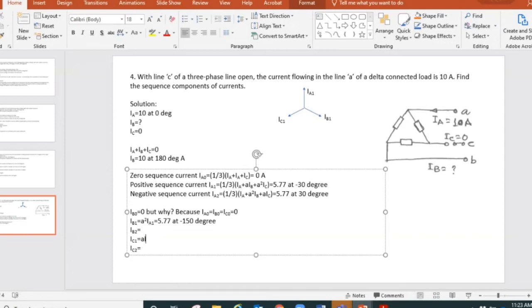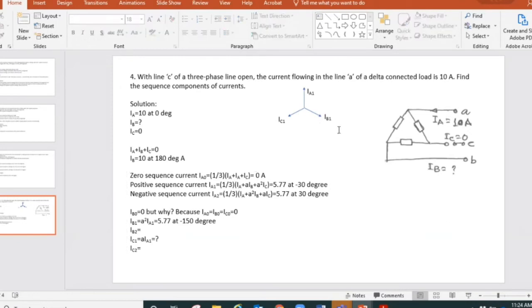So it is A IA1. Can you see again how the expression is derived from the phasor diagram for IC1? Let me know when you got it.